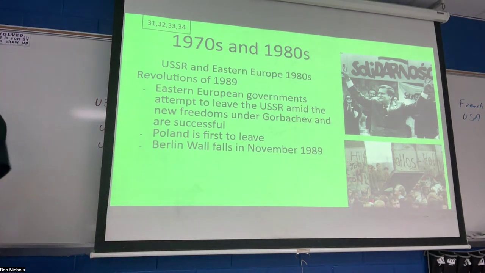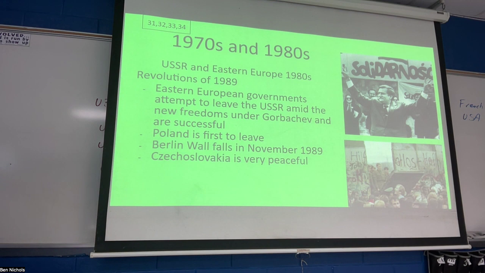East Germany, the Berlin Wall falls in November 1989. Czechoslovakia, very peaceful. They call it the Velvet Revolution because it's just so smooth. Essentially, the communist government was like, you guys don't want us anymore? All right, deuces. And they just walked.